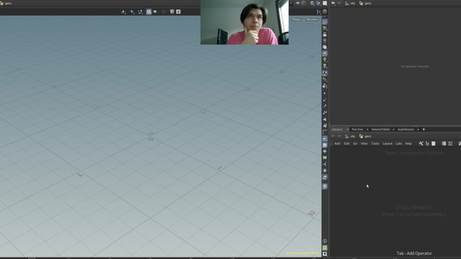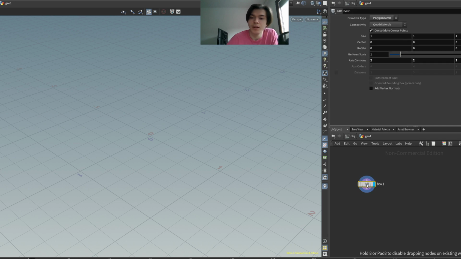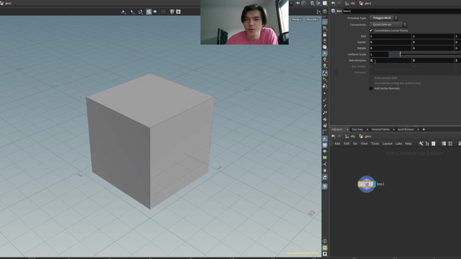But yeah, this is what we're gonna do today. For this, I think we are gonna go with a box. I don't know why I'm always going with boxes, and we're gonna subdivide it really, really finely.